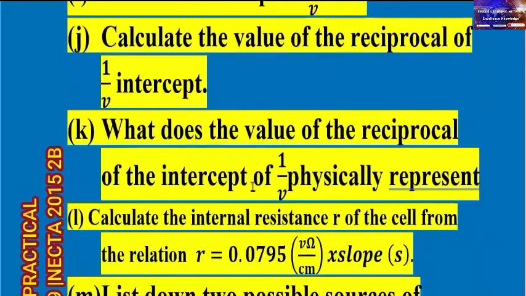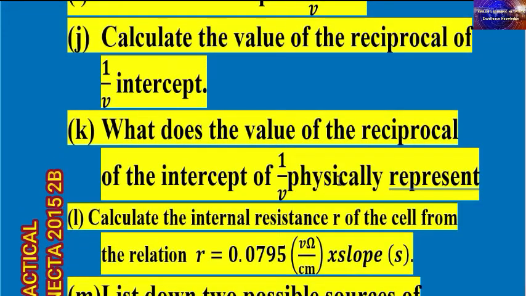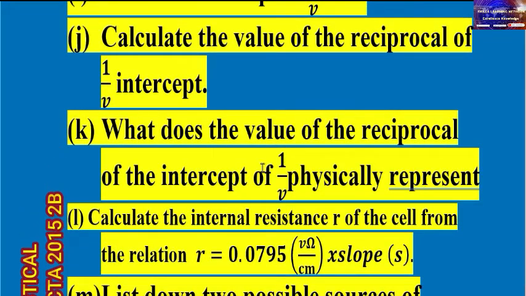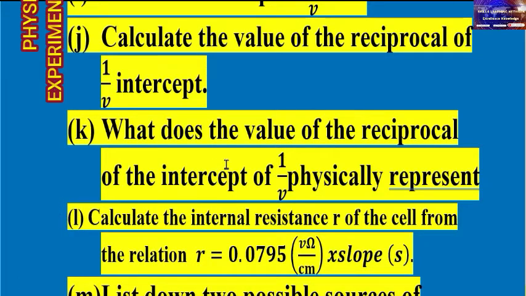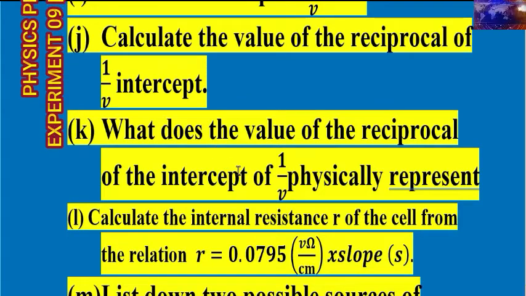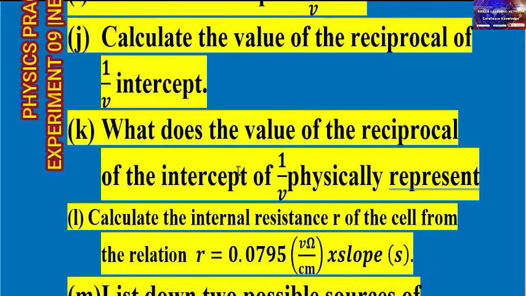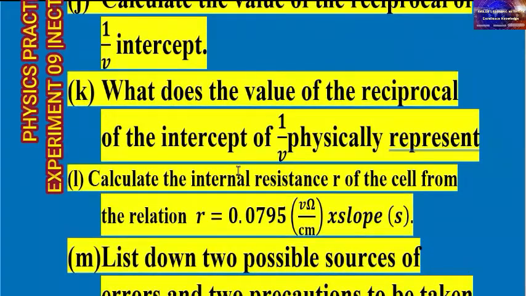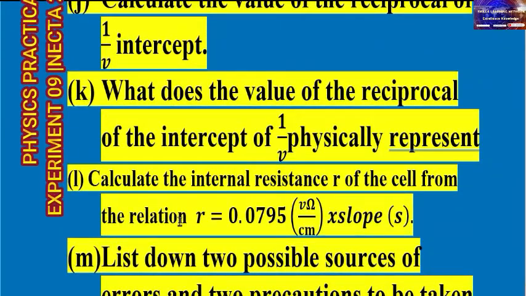And then what does the value of the reciprocal of the intercept physically represent? What is the physical meaning of the reciprocal of the intercept on the 1 over V axis? Then calculate the internal resistance of the cell through this relation.